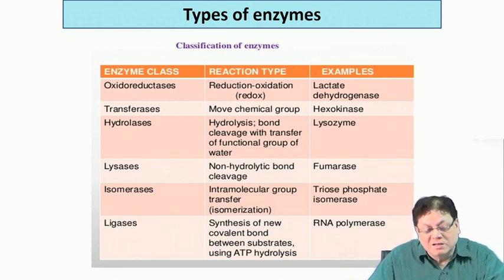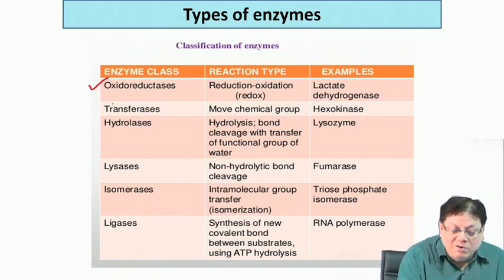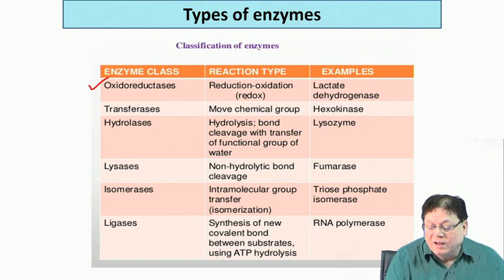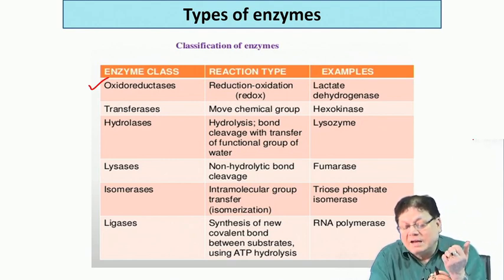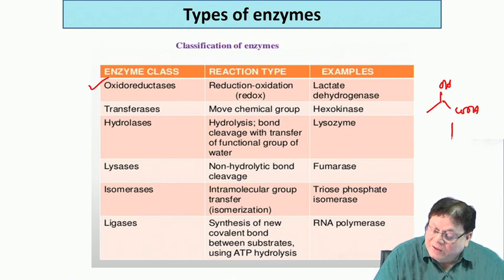The first class is what is known as oxidoreductase. They carry out redox processes, like lactate dehydrogenase. Lactate dehydrogenase is lactic acid going to pyruvic acid. Lactic acid is this, and that is going to pyruvic acid.